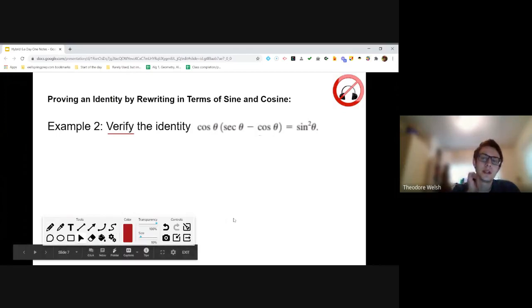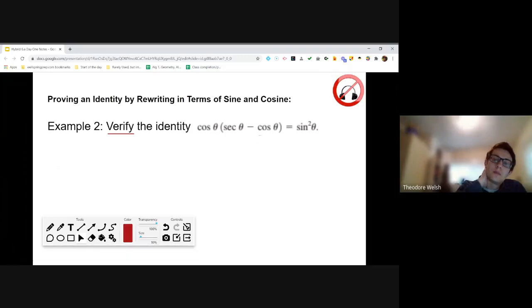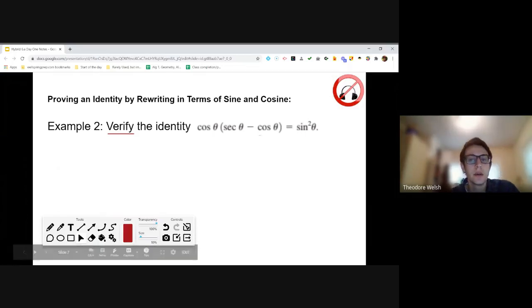It might not be super clear what to do, but essentially we just want to try things and see what we can make work. One thing I'm noticing is that we have sine squared as our goal.